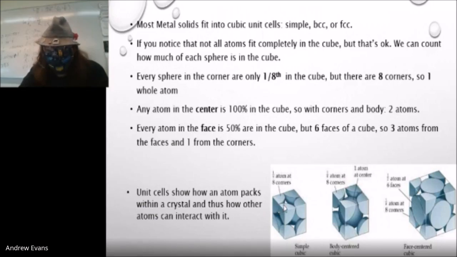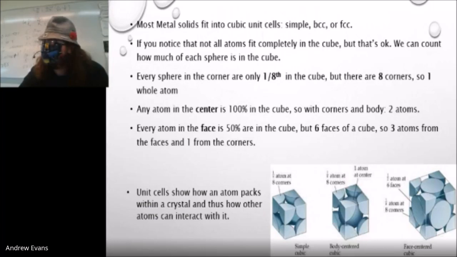So in a simple cubic, what fragment of a sphere is this guy in the left corner? 1/8. If I draw a cube, then there has to be a fourth cube right there, and then you'd repeat it again on top. So this guy is representing 1/8 of a cube.